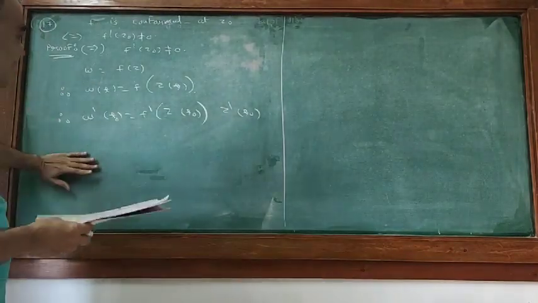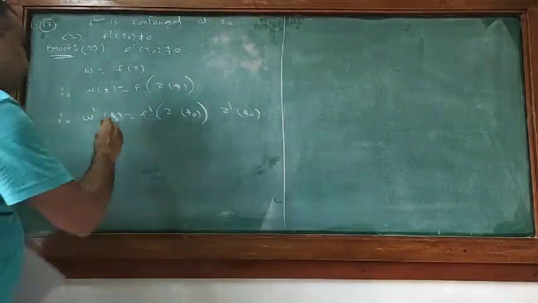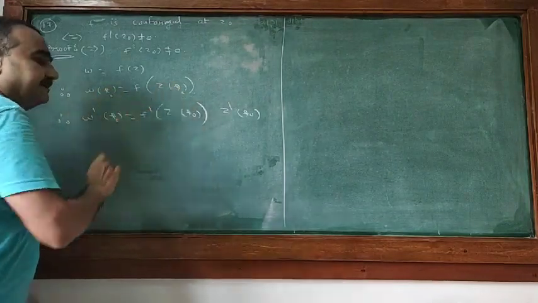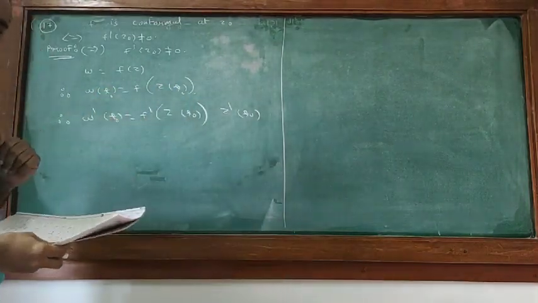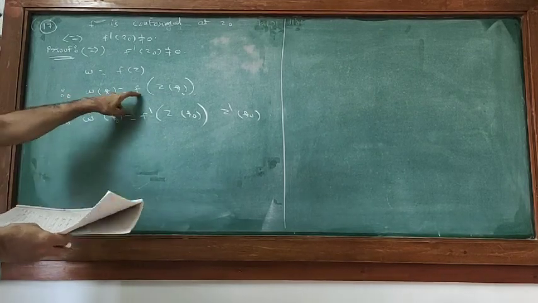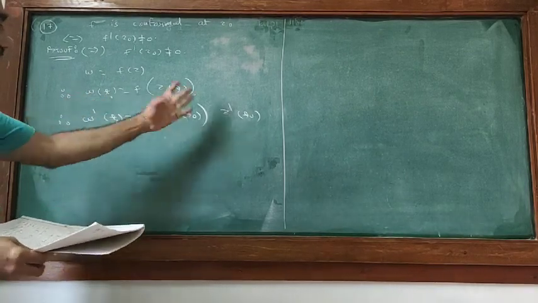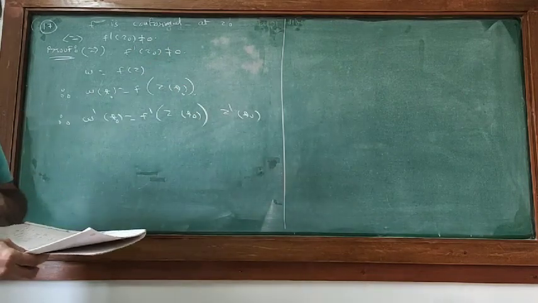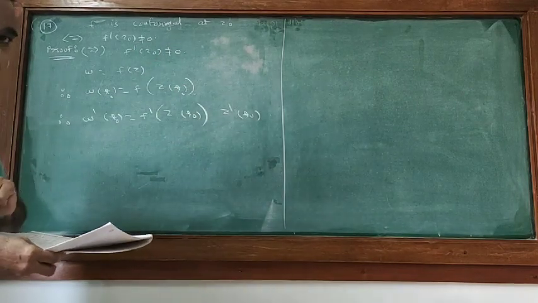Now here we apply the chain rule at that point t0. We apply the chain rule: omega dash, f dash, and then z dash. Very well known formula.